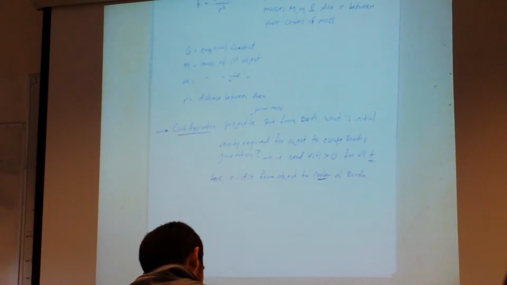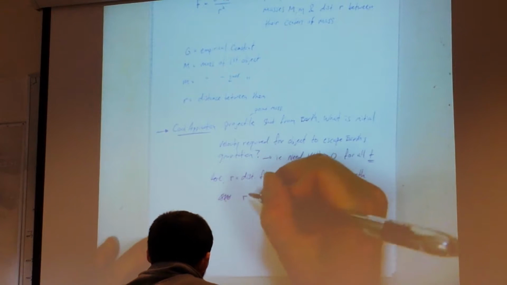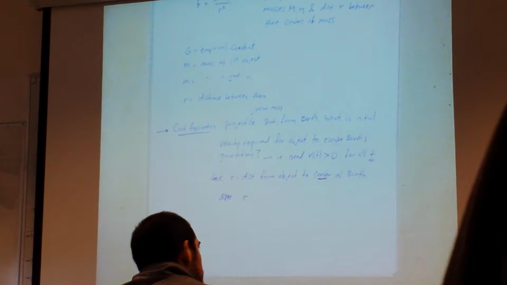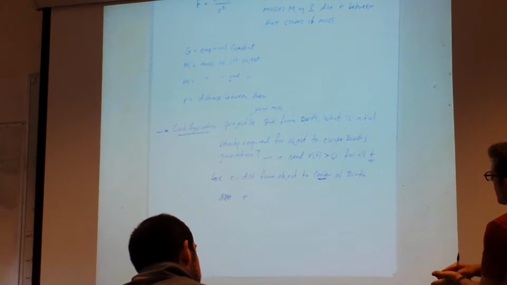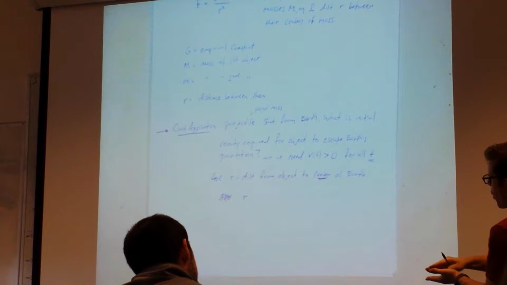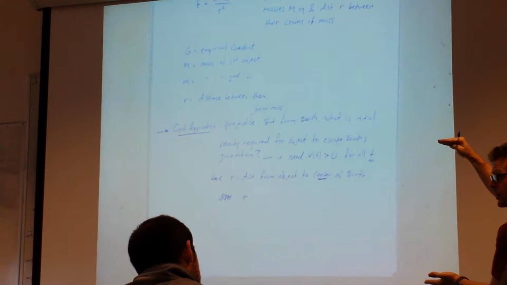One thing to note when going through this argument, the r, the distance from the object to the center of the Earth, is obviously going to be changing. Another way of putting it, the velocity has to remain positive, is that r has to always be increasing, right?